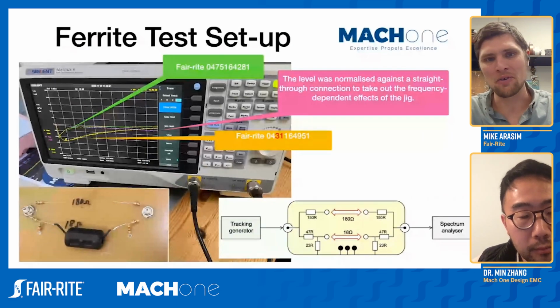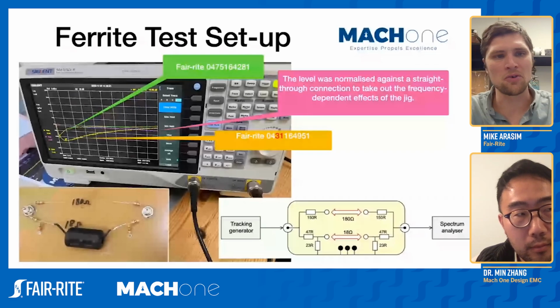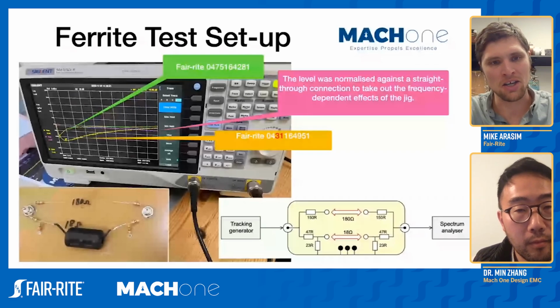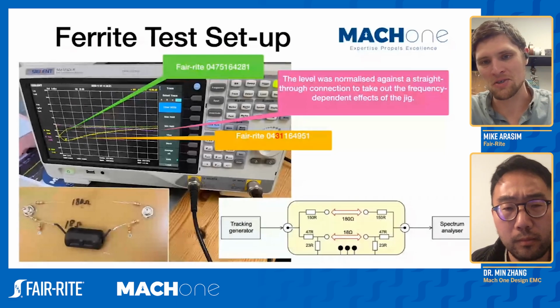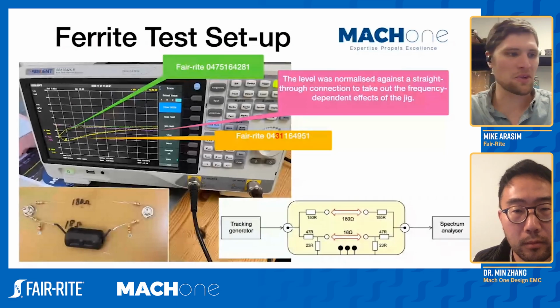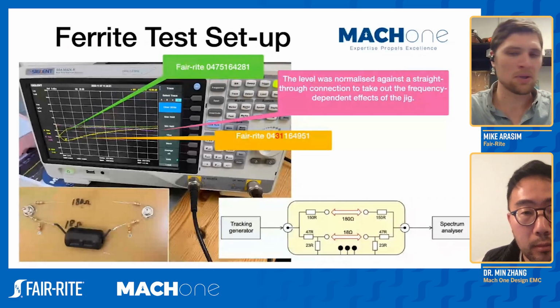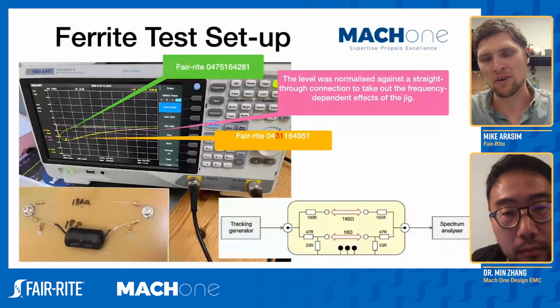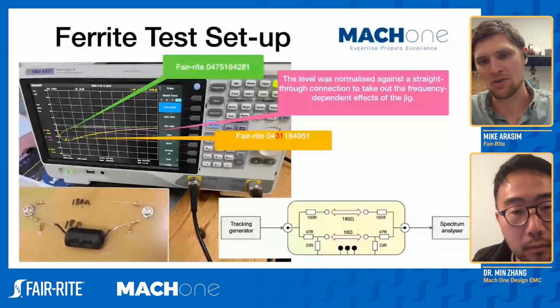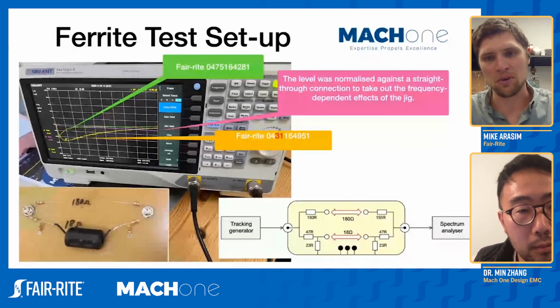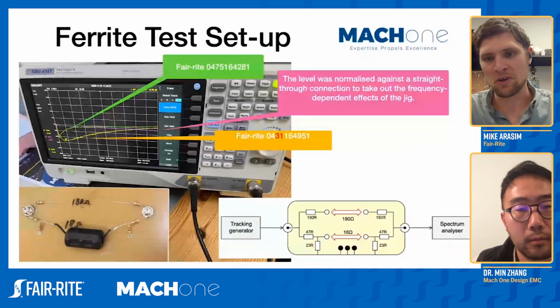Aside from that, a more similar test setup to this is what we do when we're characterizing some of the free space type devices. If you talk about something like a plate or the flexible ferrite sheets, then we switch to a vector network analyzer, but we're using different coils.